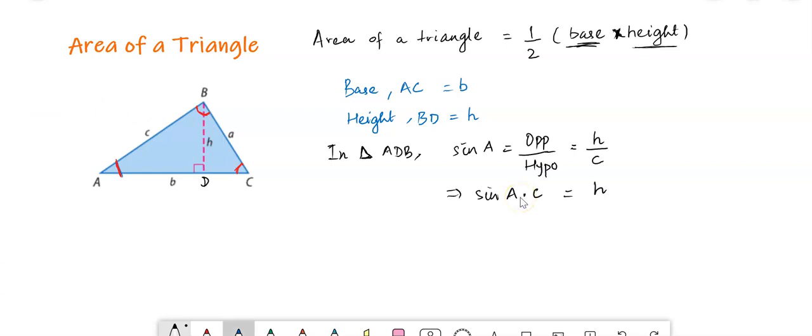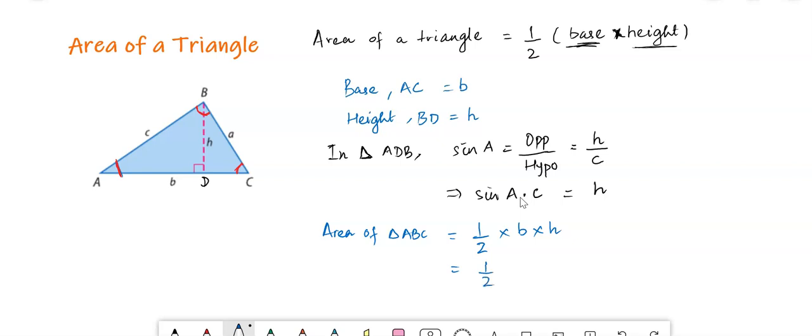Now we are going to use the formula for finding the area of a triangle. Area of triangle ABC here is half times base of the triangle times the height.